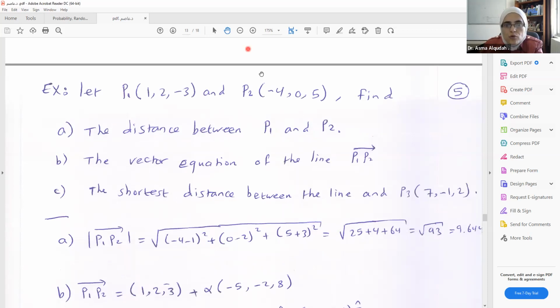So we have 2 points. And we want to find the distance between these 2 points. This is something very easy. So let's put the coordinates of the 2 points. So P1 is given as 1, 2, minus 3.